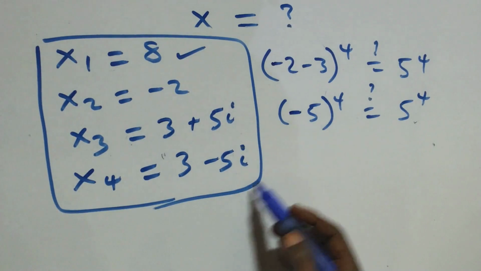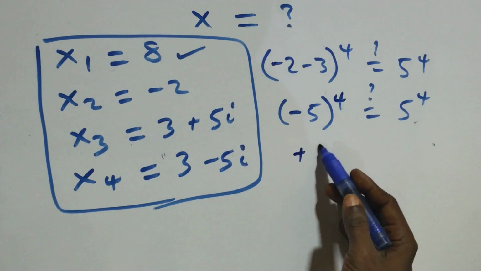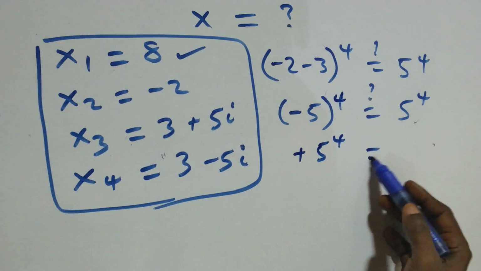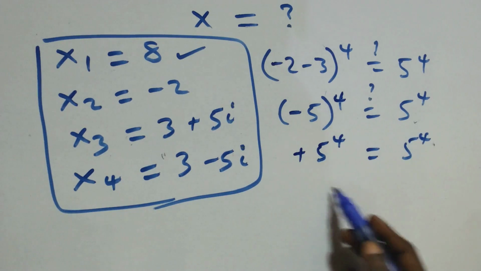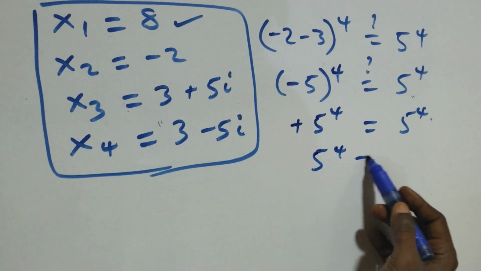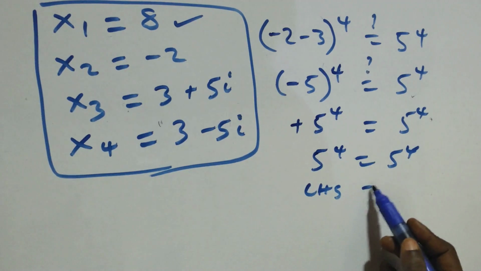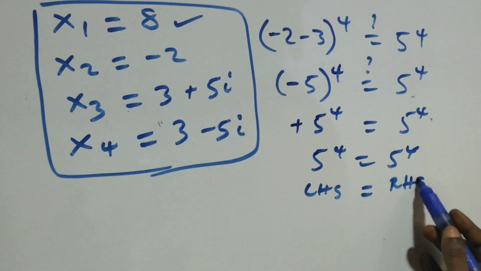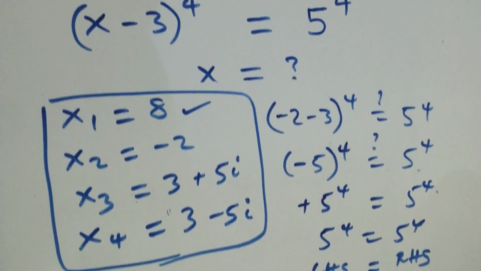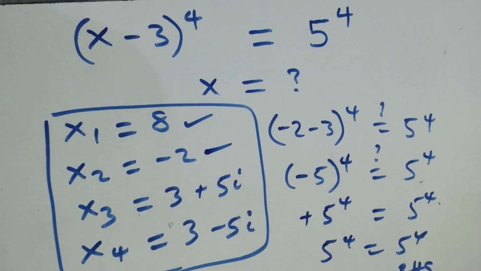Whenever negative is raised to power even number, that will be positive. So this becomes positive 5 raised to power 4, then is equals to 5 raised to power 4. And we have left hand side equals to the right hand side. That is, x equals to minus 2 satisfy this given problem. And when we substitute these two complex solutions as well, it will satisfy the given problem.